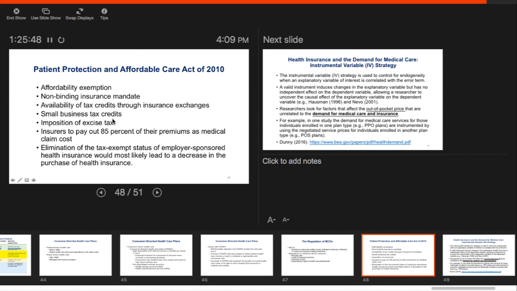By giving the small business tax credit, employers can afford to provide insurance for their employees. And different types of excise taxes make the insurance affordable. That was the reason the number of people without insurance decreased from 16% to 9%.